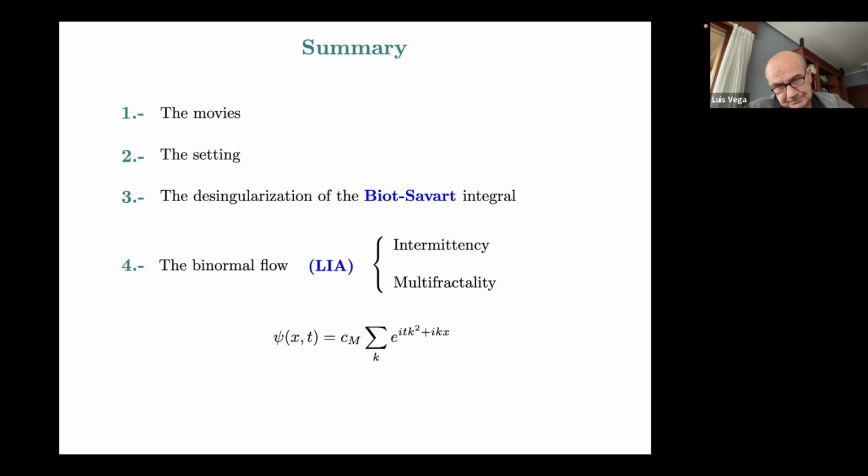The reason is that the object behind these properties of intermittency and multifractality is simple from the Fourier analysis point of view, because it is nothing but the fundamental solution of the Schrödinger equation on the torus. At the same time, it is simple because I can describe it in one line as a Fourier series. But anybody that has looked at this with some care knows about the complexity behind this Fourier series.